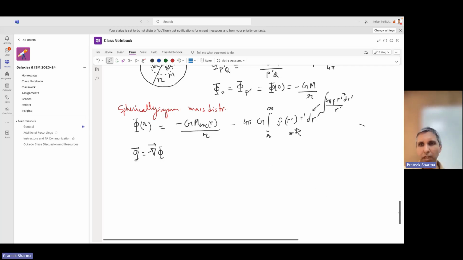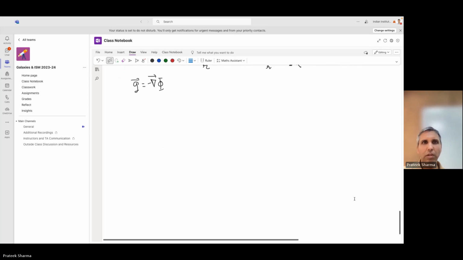Okay. So now we'll actually do some common potentials. In astronomy and astrophysics, especially in galaxy formation, there are these very popular potential density pairs. So let me just write down common potential density pairs.